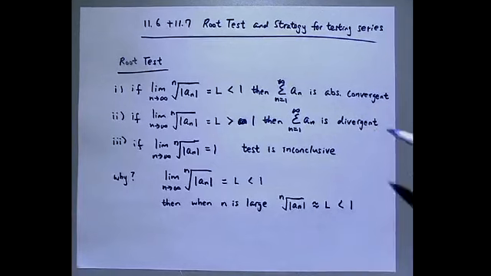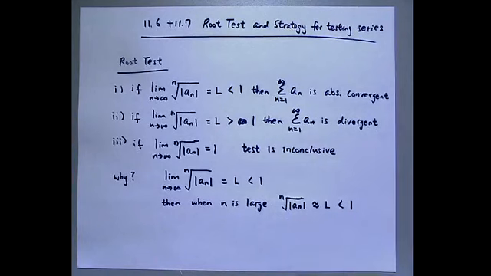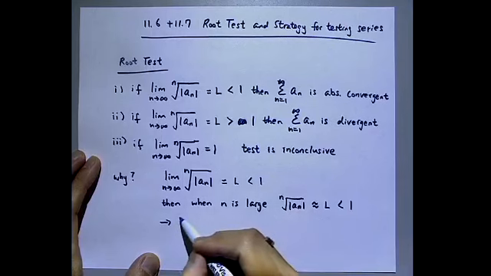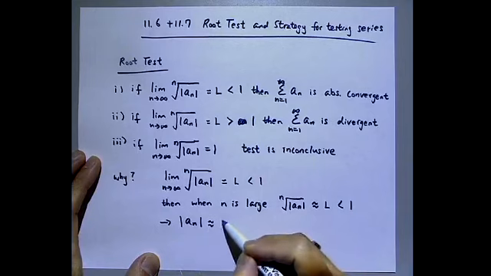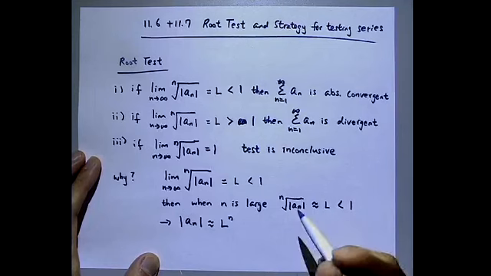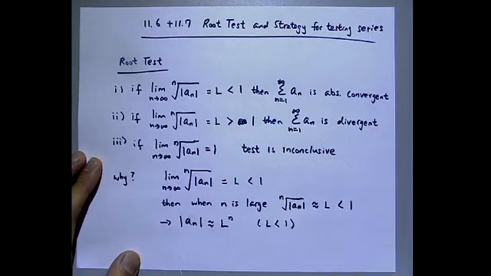That's what the meaning of this limit means. When n is large enough, eventually these terms start to approach a number less than 1. If I raise both sides to the nth power, then I see that a_n is roughly equal to L to the n. All this time, remember that L is less than 1.